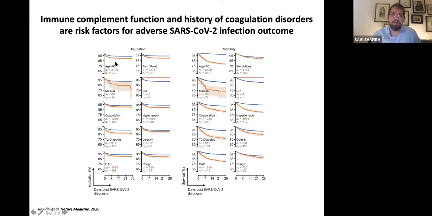We stratified patients based on age, sex, history of macular degeneration, coronary artery disease, coagulation, and you can read the rest. And of course, we rediscovered known risk factors and found that history of macular degeneration was indeed associated with far greater susceptibility to both intubation and mortality, and history of coagulopathies were also associated with the same.